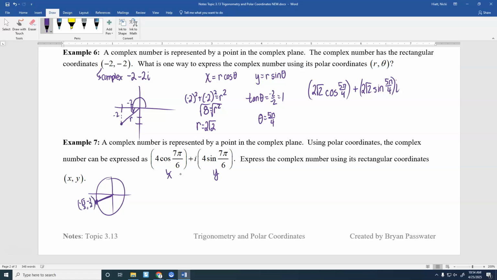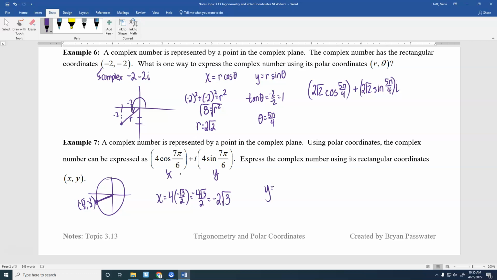So your x is going to be 4 cosine of 7 pi over 6, which is your x coordinate, so that's -√3 over 2. That'll give you -4√3 over 2. Those can reduce, you'll just get -2√3. That's your x coordinate.